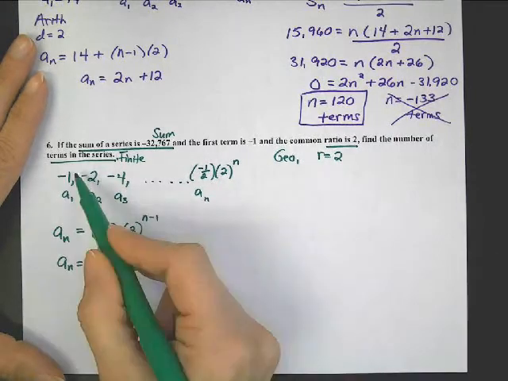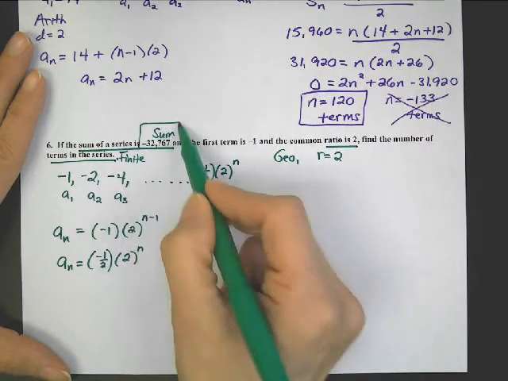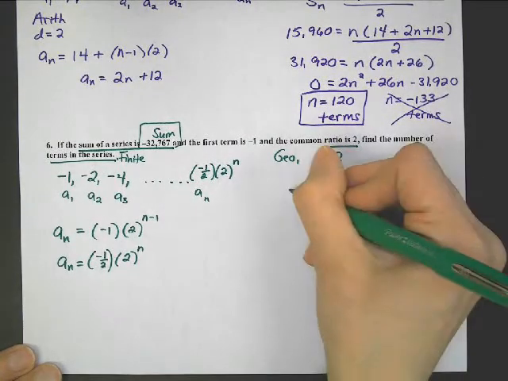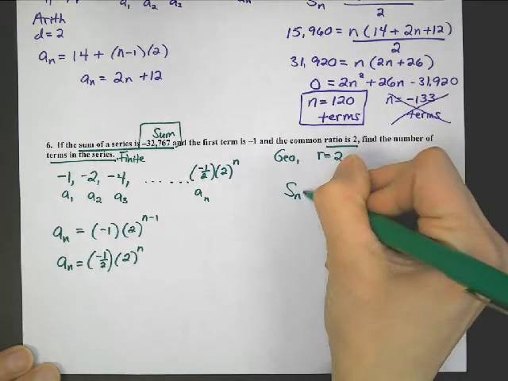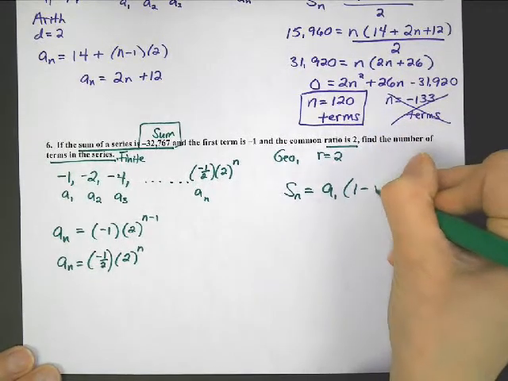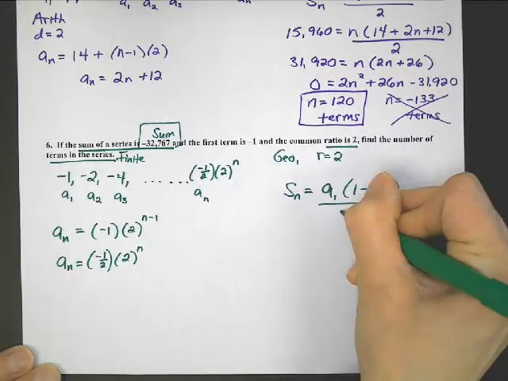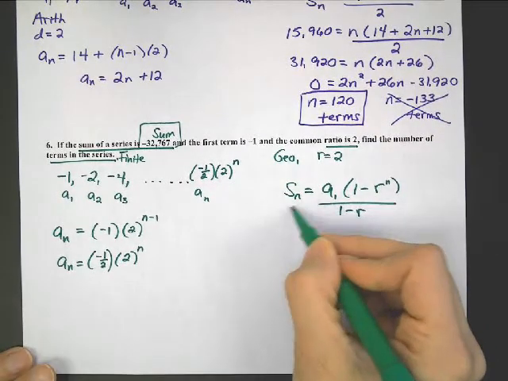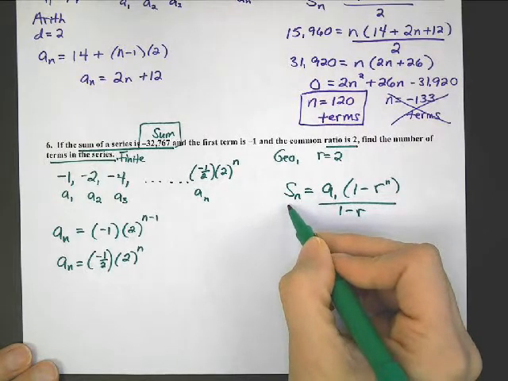Okay, it says find the number of terms. They did tell us the sum, so I am going to have to use the sum formula. The geometric sum formula goes a sub 1 times 1 minus r to the n power all over 1 minus r. And let's plug in as much as we know. Do we know s sub n?